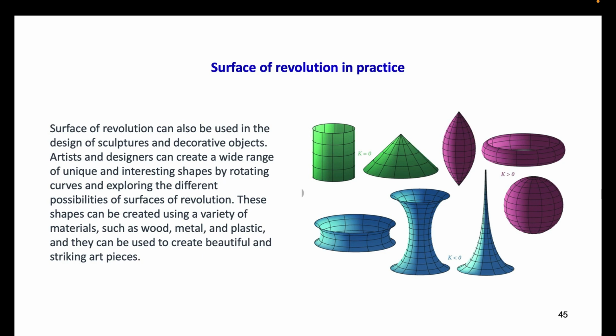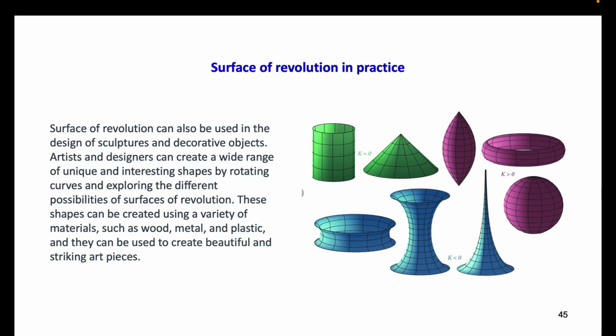Artists and designers can create a wide range of unique and interesting shapes by rotating curves and exploring the different possibilities of surface of revolution. These shapes can be created using a variety of materials such as wood, metal, plastic, and they can be used to create beautiful and striking art pieces.